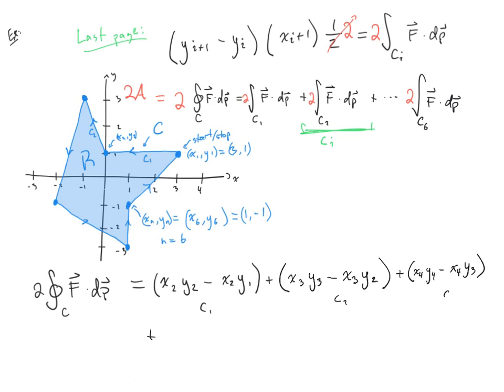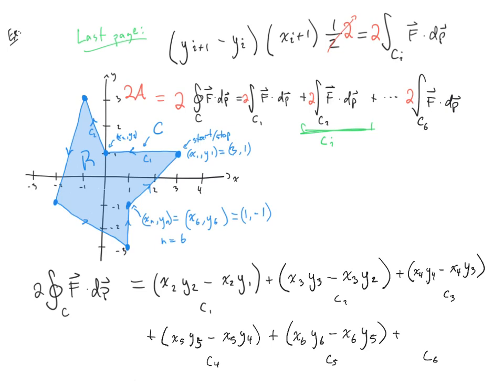From c4, I'm getting x5 y5 minus x5 y4. From the next one, I get x6 y6 minus x6 y5. And then we're actually back at c6 here. And c6 is a little unusual.